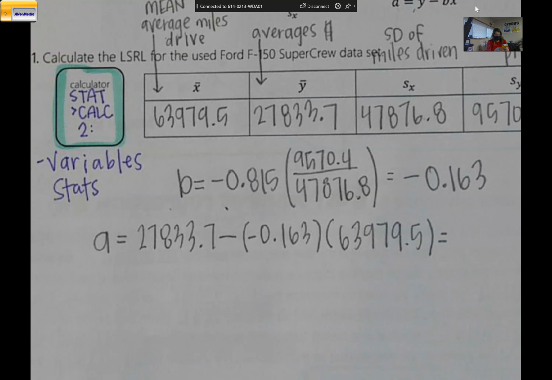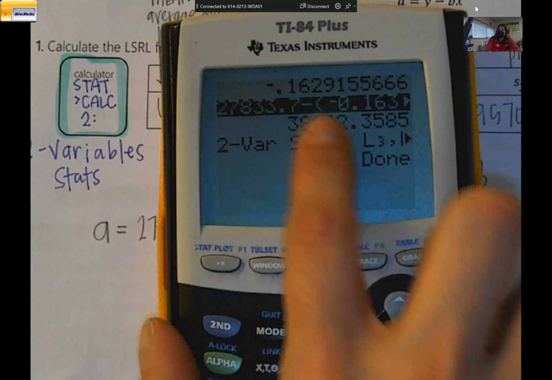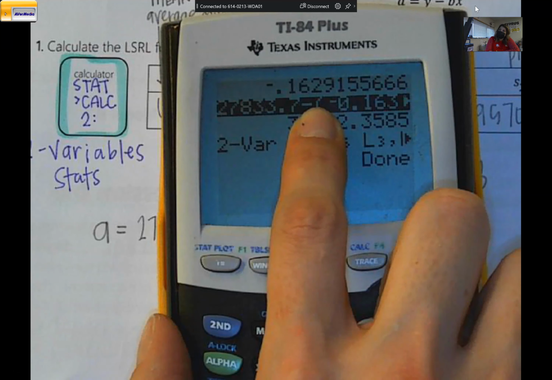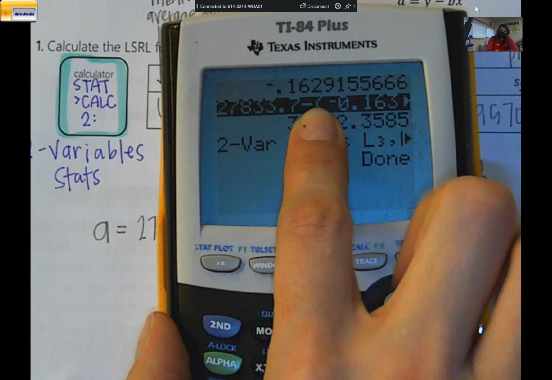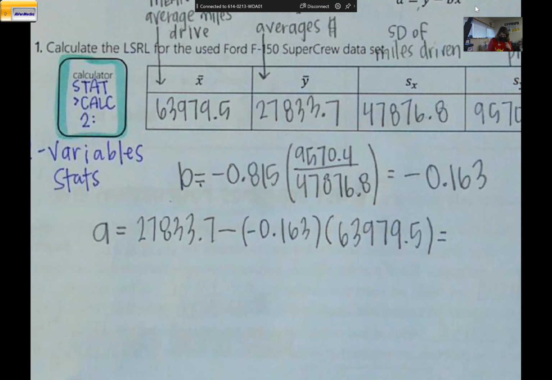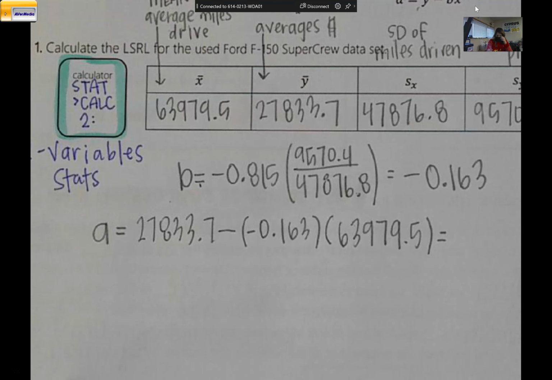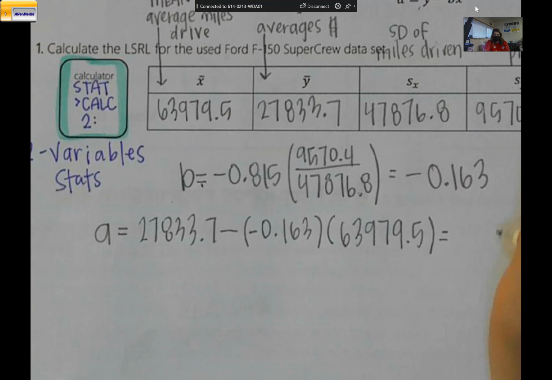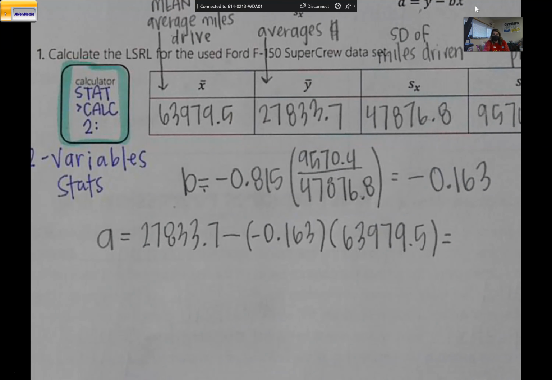When you plug this in your calculator, be careful that your negative and your minus look different. In your calculator, they are two different symbols. So be careful with that. Give you about 30 seconds, then we'll check in on your value.